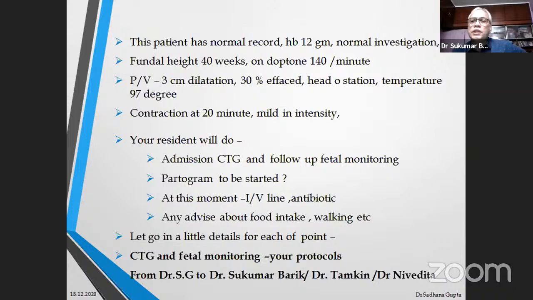So what I would suggest as a protocol, if the logistics permit, is a short strip of admission CTG for all, irrespective of low risk or high risk. But if the logistics don't permit, meaning the throughput is so high that you cannot do it, then probably the low risk will be excluded and only the high risk will go for that.